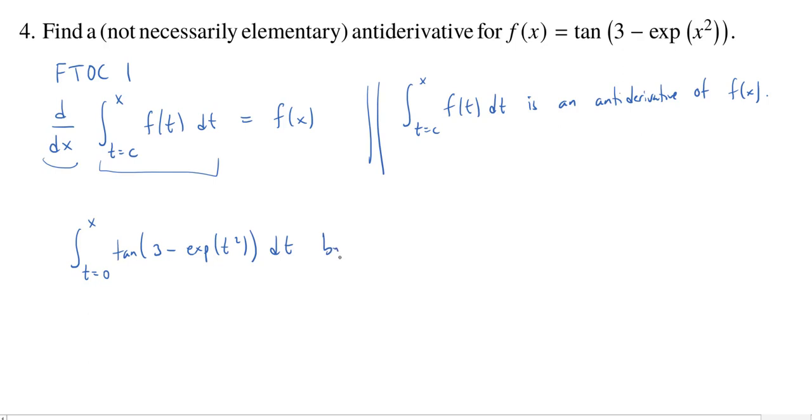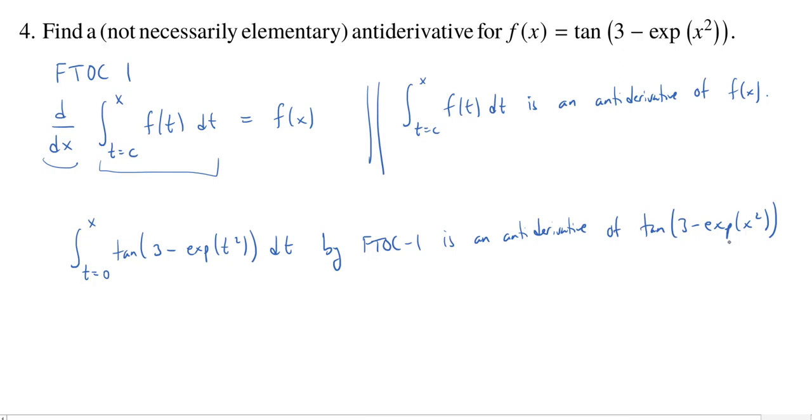This, by FTOC 1, by the first fundamental theorem of calculus, is an antiderivative of tangent of 3 minus e to the x squared. Because if you take the derivative of this expression, you get tangent of 3 minus e to the x squared. That's it. That's the whole solution, right?